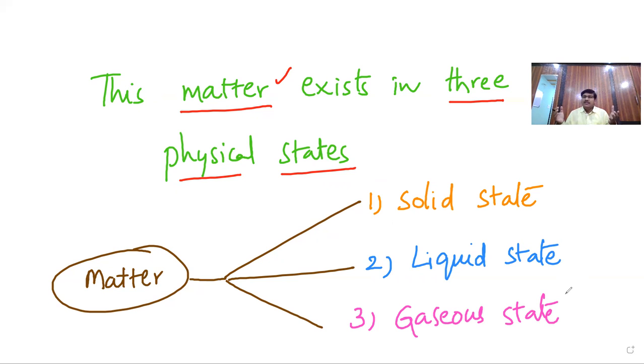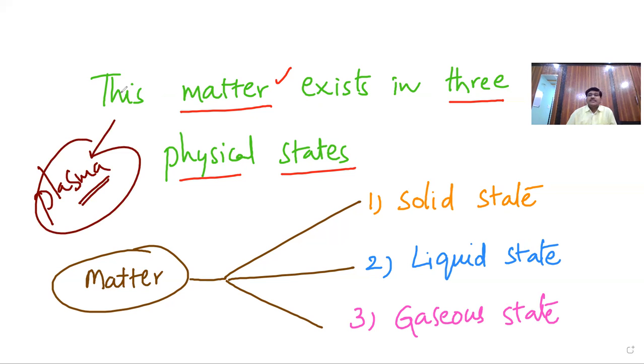We see all these solids, liquids, gases in our day-to-day life. Clear? There is another state also, plasma. In future classes, we will deal with plasma, but for the time being, we concentrate on the solid, liquid, and gaseous states. We'll discuss the plasma state at later stages.